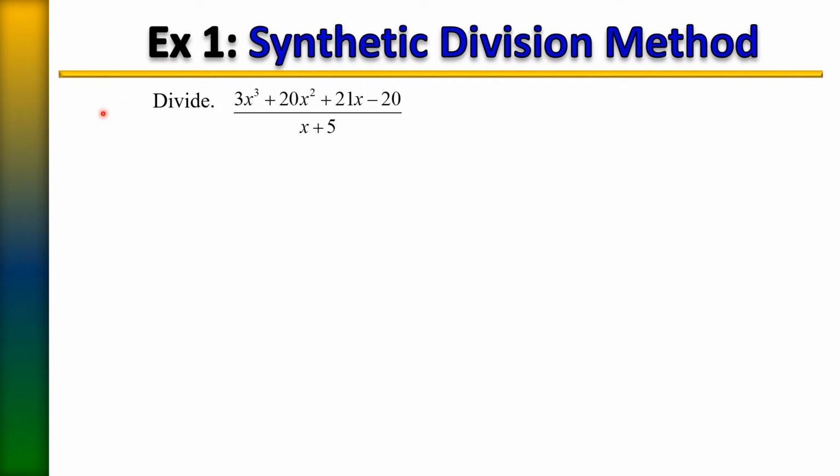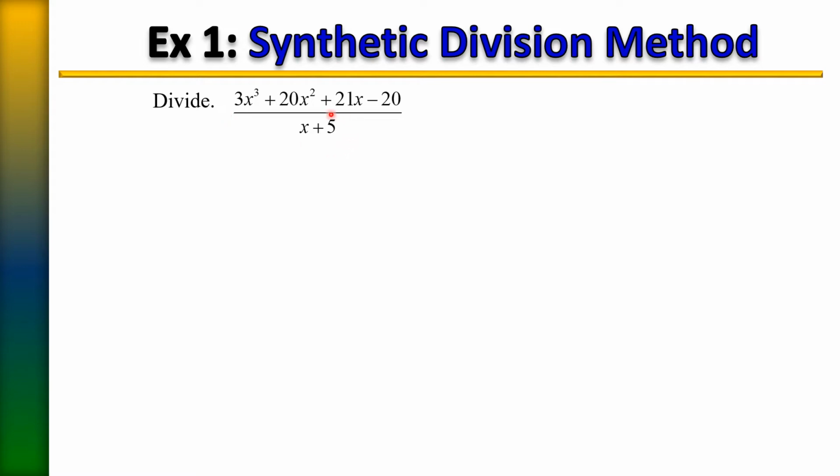The number on the bottom is your divisor. The divisor will always go on the outside, and the dividend will go under the symbol.